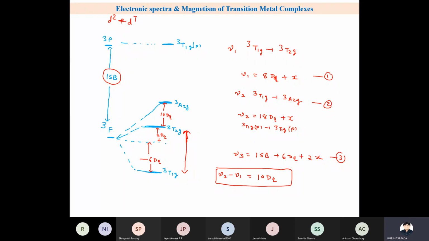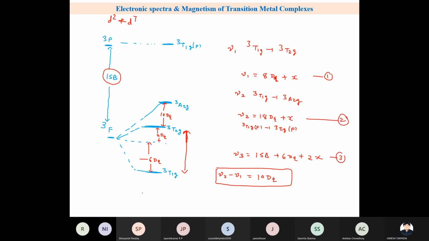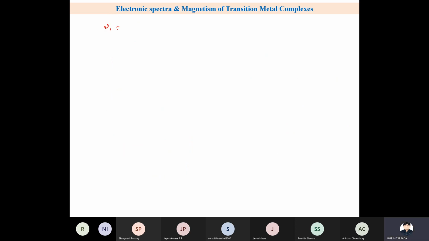So for 15b we will simplify this. Let's calculate 15b. If you subtract 1 and 2, you get 10 dq. Okay, now putting the value of 2x from equation number 3 minus 2 minus 1. Do one thing: add 1 and 2. ν1 is equal to 8 dq plus x, ν2 is equal to 18 dq plus x. This is 1 and this is 2. Now you can add these two, ν2 plus ν1.